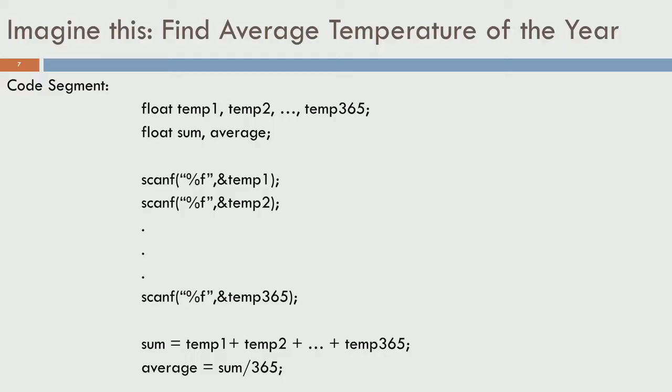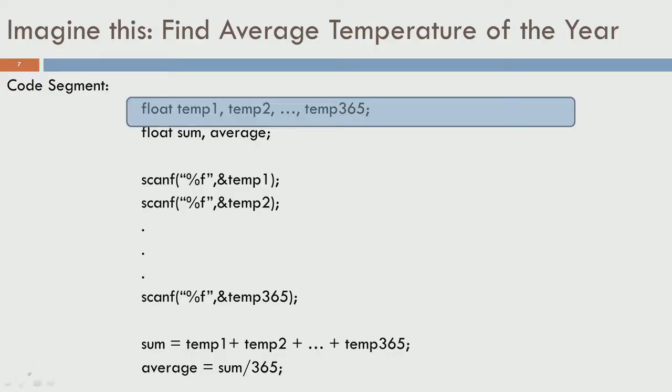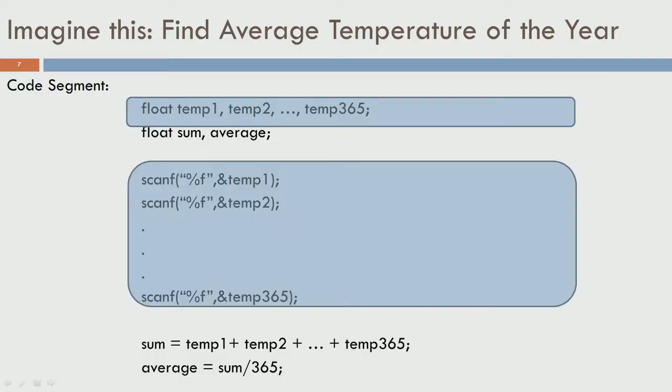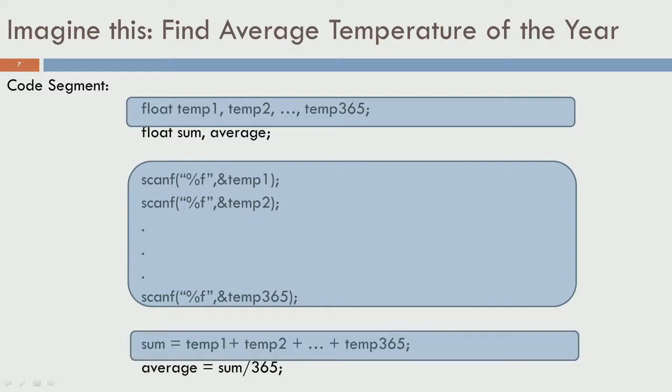So, one thing that I have to do is take all the variables one at a time and read through them. So, I have so many declarations and then I go on and scan all of them, and finally I need a huge expression which takes each of these variables and add them up and gives sum.